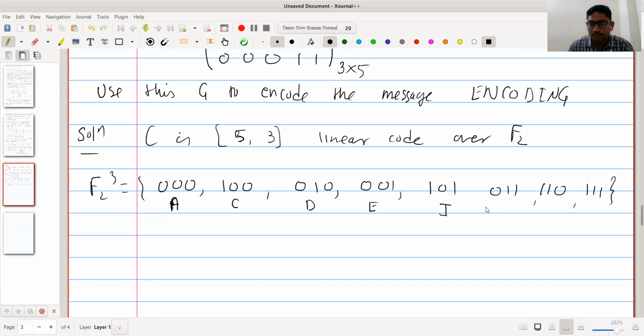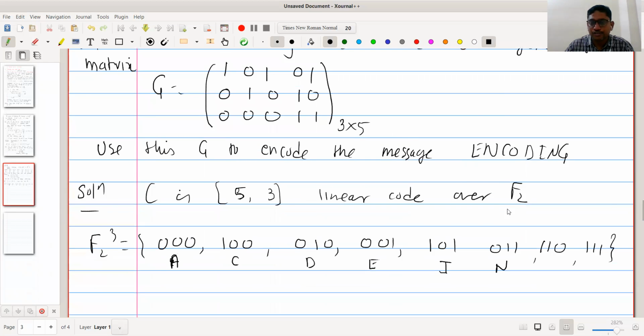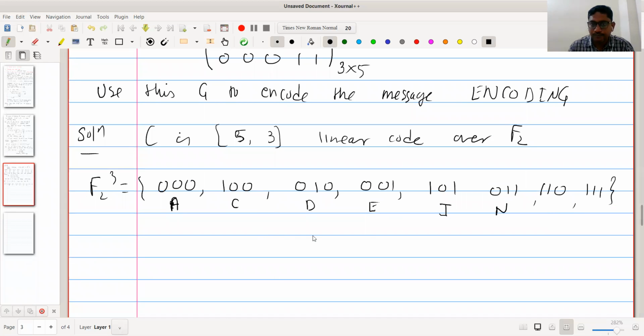For 110, it is G. And for the last, it is the remaining O. Just keep in mind these words for it.